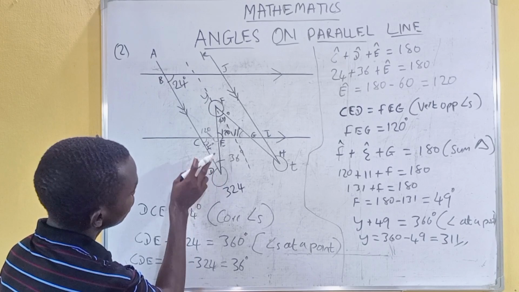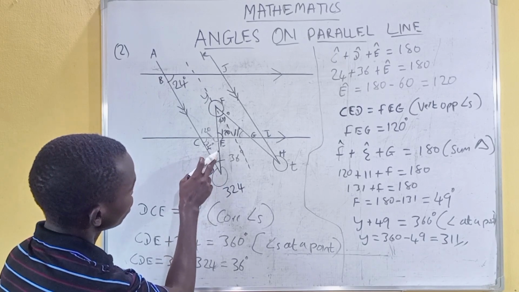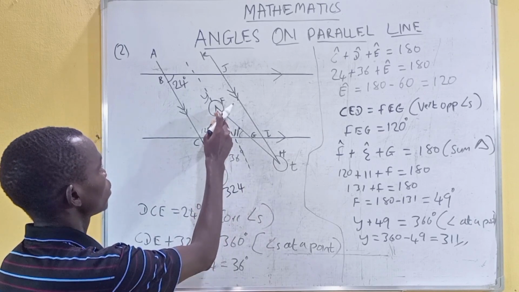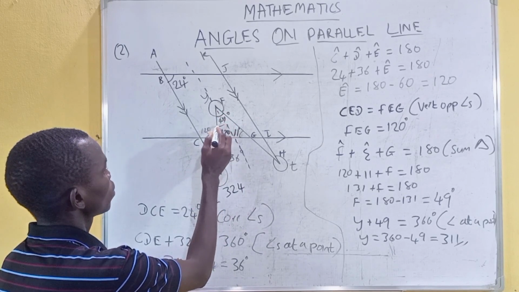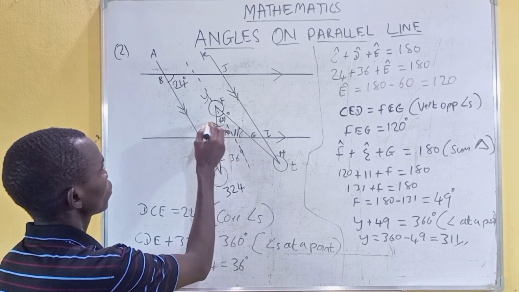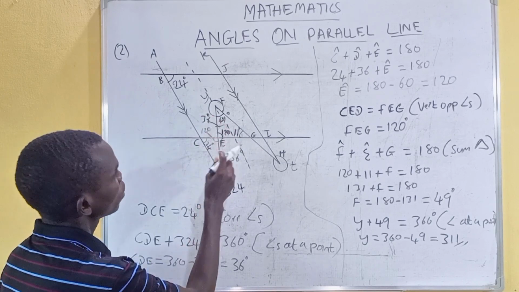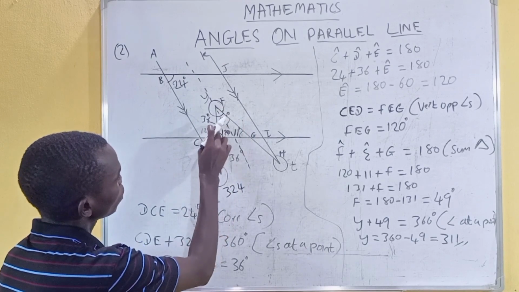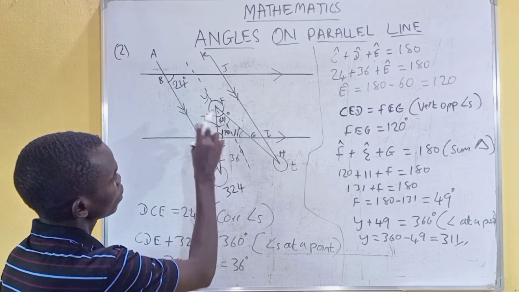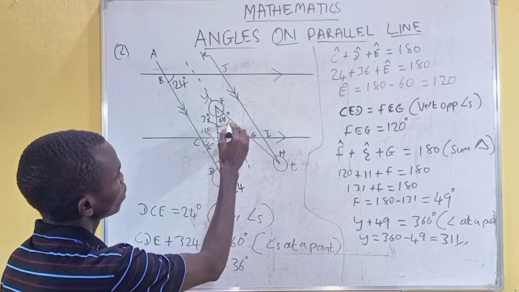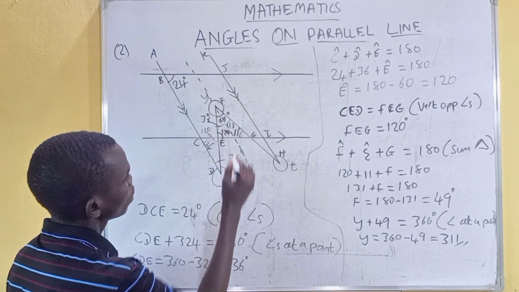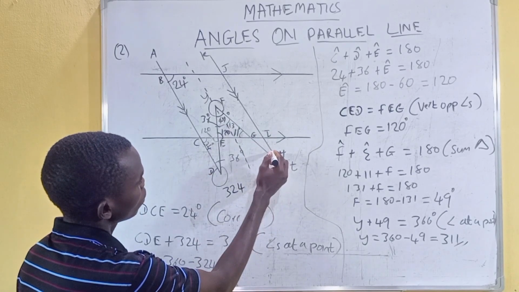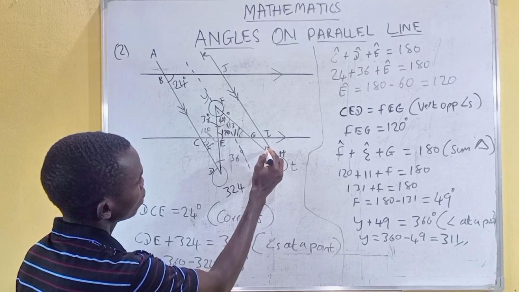And we know that here is equal to 36, which is this. So this is alternate to this. So from here, we have 36 degrees. So if we are to find this other part, now 49 minus 36, which will be 13. So this angle is also alternate to this angle, which is 13.